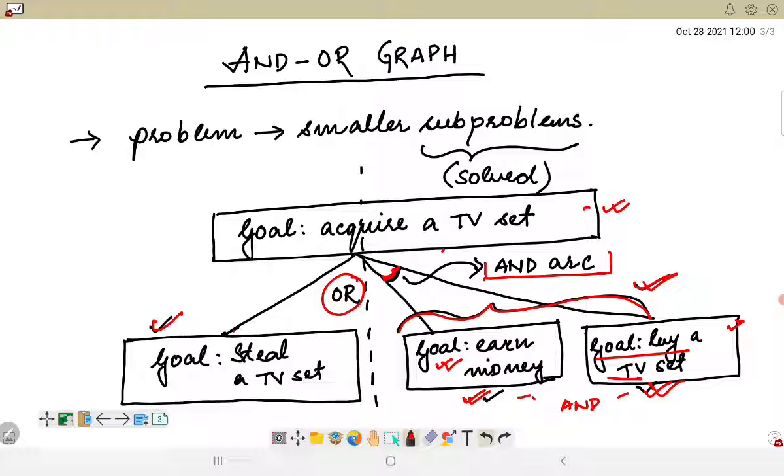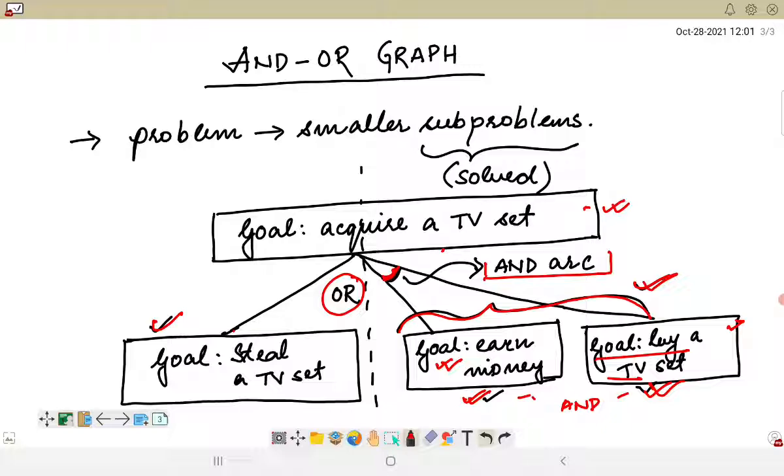Now just as in an OR graph, several arcs may emerge from a single node, indicating a variety of ways in which the original problem might be solved. So here also it is similar: for all the AND arcs, all the goal nodes at the end of those AND arcs need to be solved.